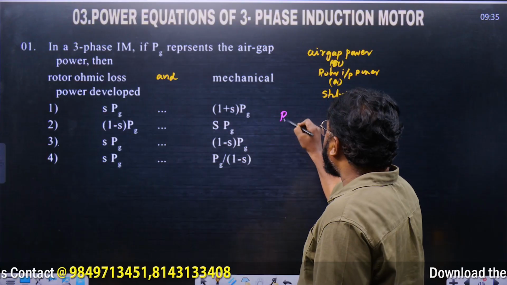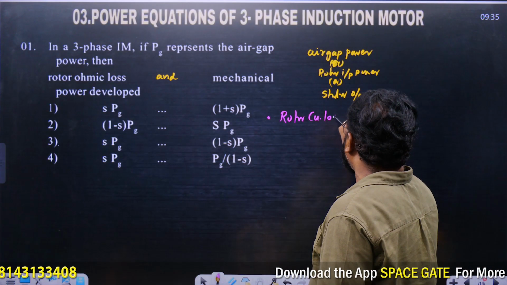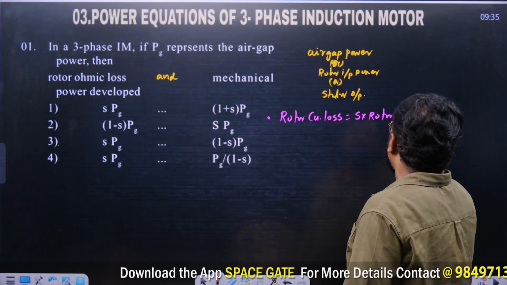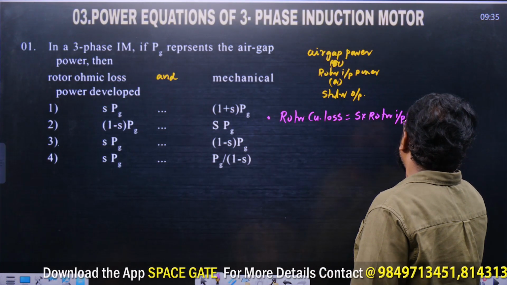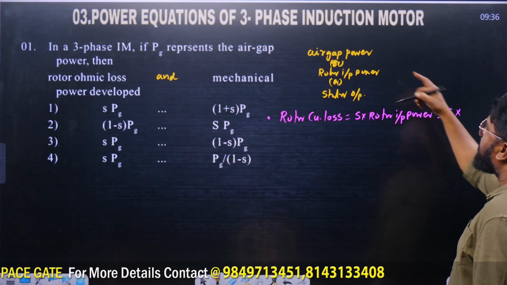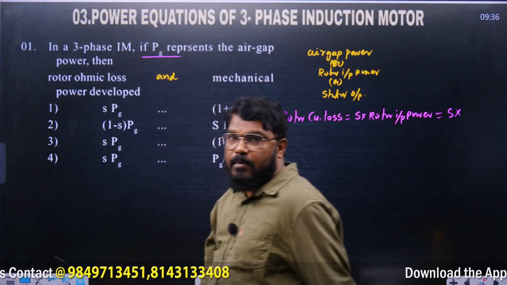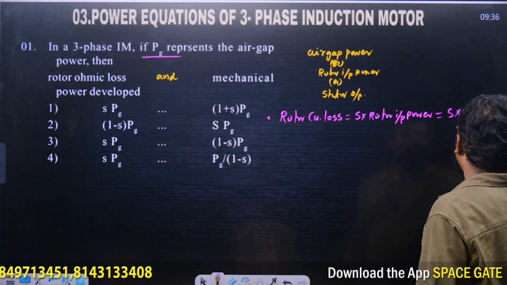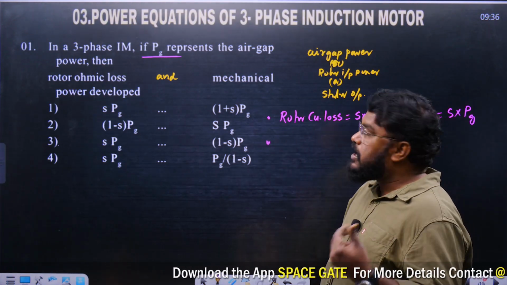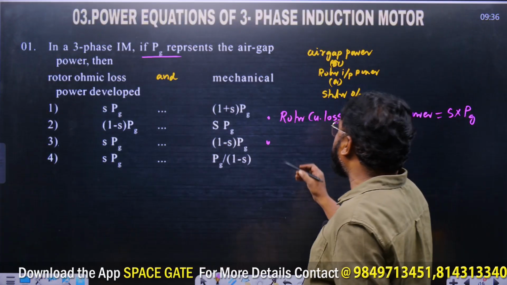Rotor copper losses are equal to S times the rotor input power of the motor. Here Pg indicates the air gap power, so it is S into Pg. And next, the mechanical power developed is nothing but the gross mechanical power output of the motor.